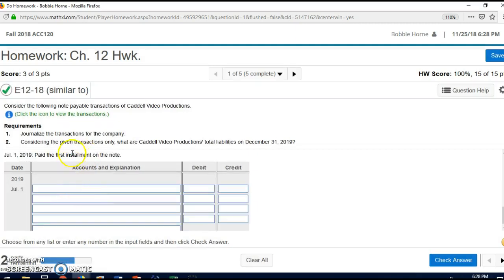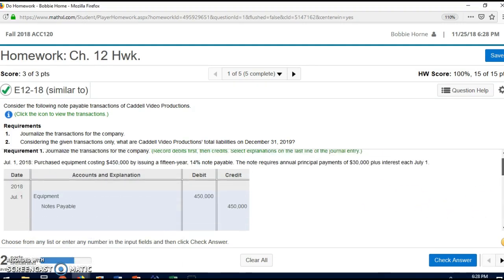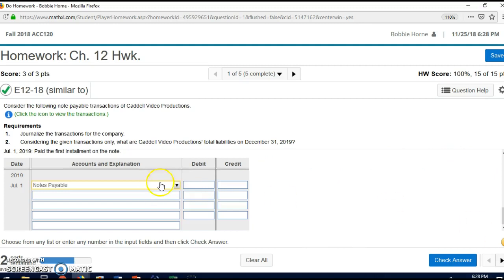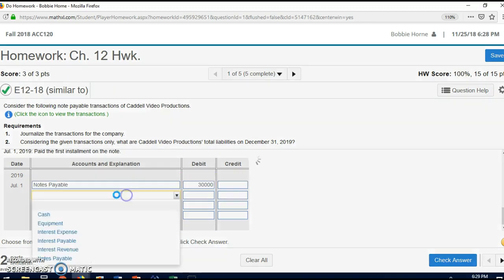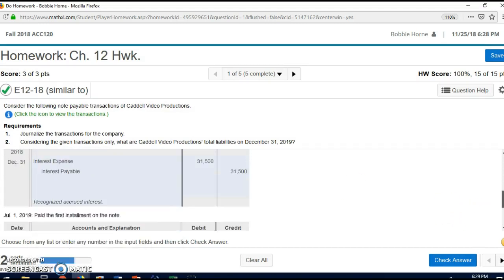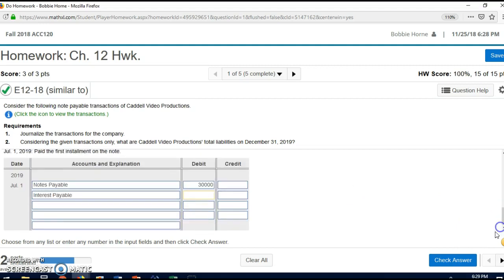Now, when we pay the first installment on the note, we're going to pay part of the note payable. It is a $450,000 note, and we're going to pay annual installments of $30,000. So $30,000 on the note, plus we have interest. We have the interest that we already owe from the first 6 months, which was $31,500.